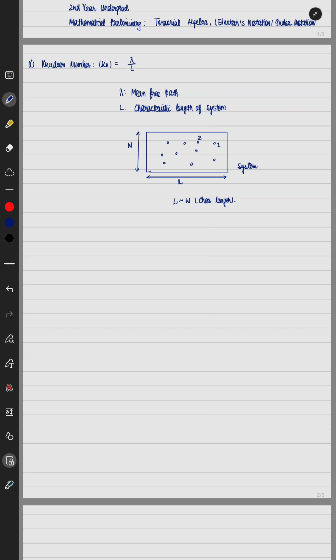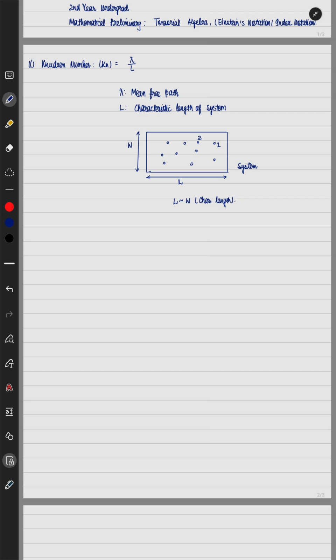So for a more dense system, the Knudsen number is very small, and for a less dense system, the Knudsen number is a little bit larger, and the Knudsen number can be of order 1 as well when the characteristic length of the system becomes of order of the mean free path.